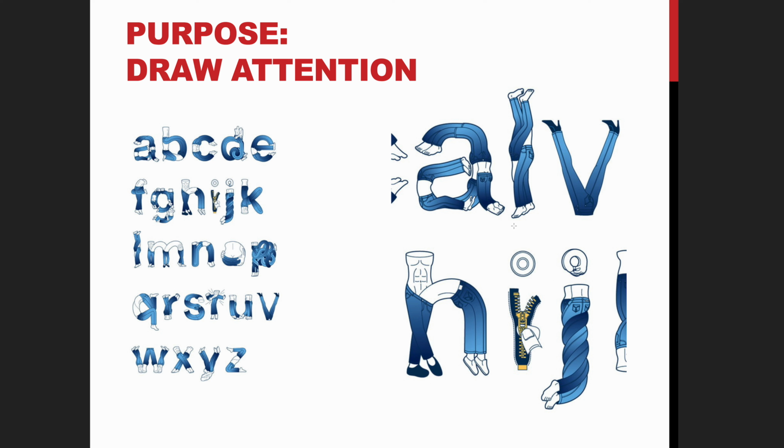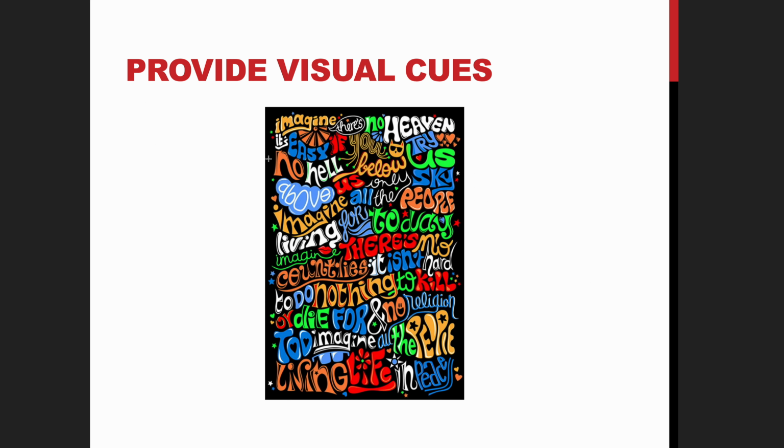You want to draw attention. This is another extreme example, a typeface created out of jeans. All these come together to create this pretty cool typeface. Obviously, you wouldn't use it in most applications. It's for a specific purpose, but it draws attention to that, right? And provide visual cues. You want it to stand out and look unique.